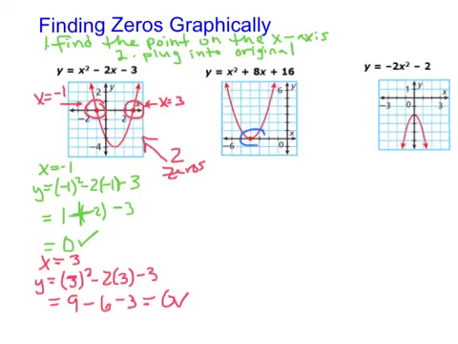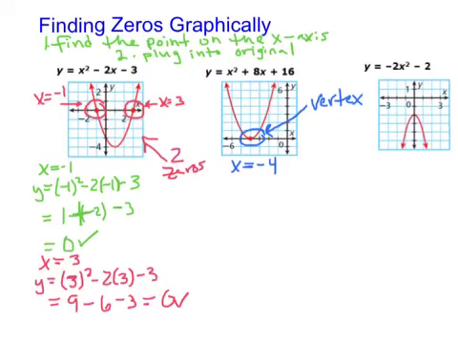So the next one, if we look at the next example, it crosses just once, and this one is a little bit unique. If we ever see a graph that crosses the x-axis just once, this is also what we know as the vertex. So if it only crosses once, that's also the graph's vertex. And if we look at this, this is where x is equal to -4.